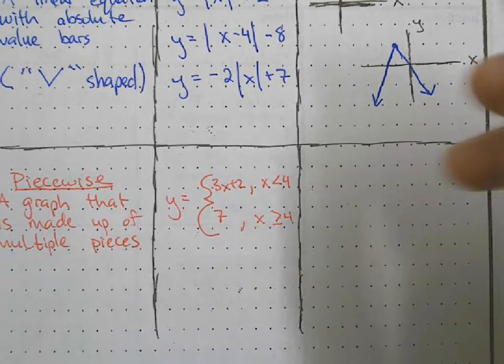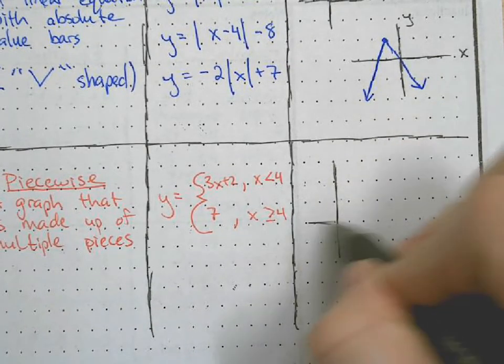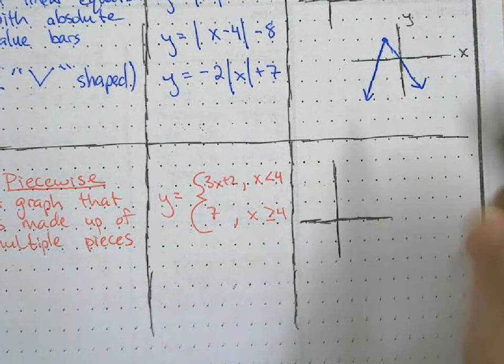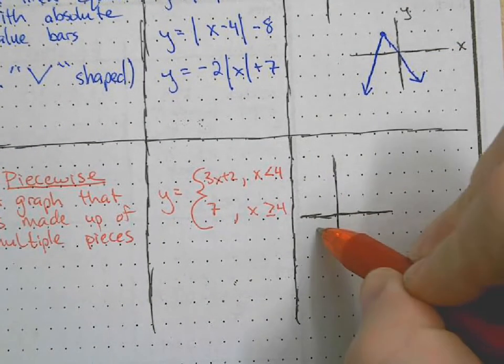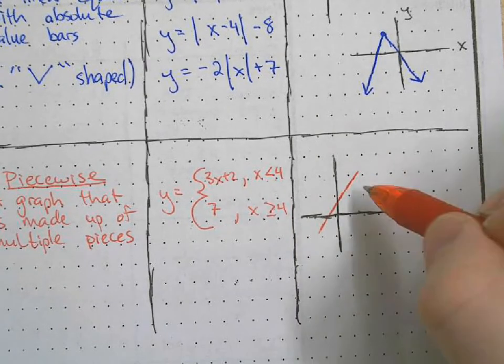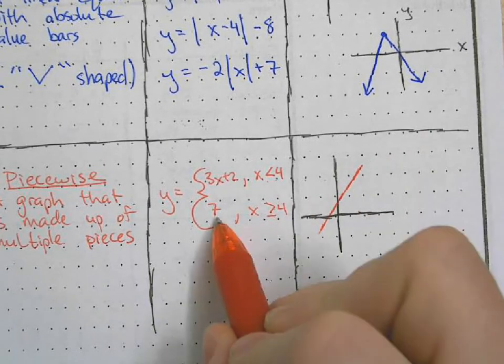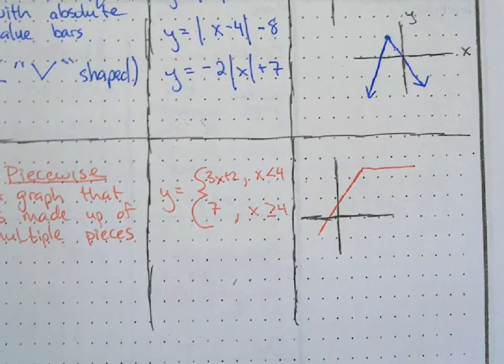So our picture would look something like this. I'd have a line going up. That's this piece. And then when I get to 4, just assume this is 4, then I would graph this. So it can be made of multiple pieces.